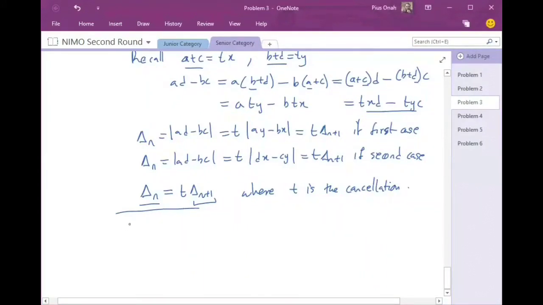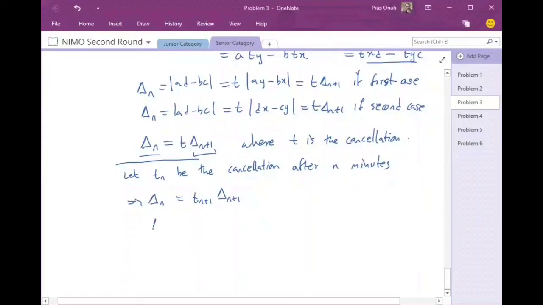So the idea is, let Tn be the cancellation after n minutes. When we move from the nth minute to the n plus 1 minute, we end up getting something that looks like this.